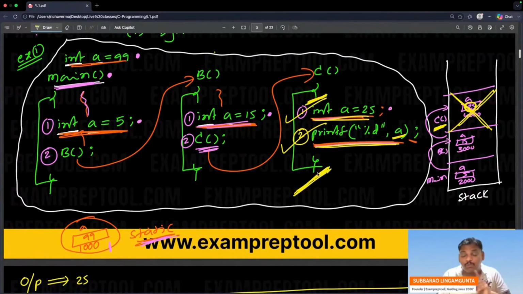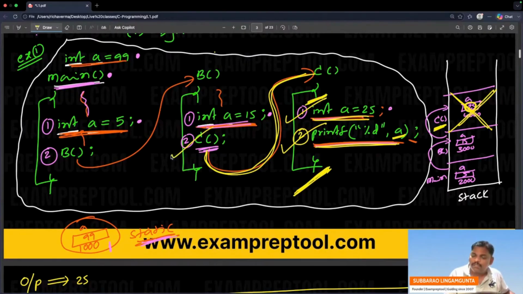Closed bracket means pop. But remember one thing: because B called C, you went to the C function. Whenever C is over, C is popped out. That means the place from which you came to C is completed. For this statement's purpose only, I went to C. This is over.